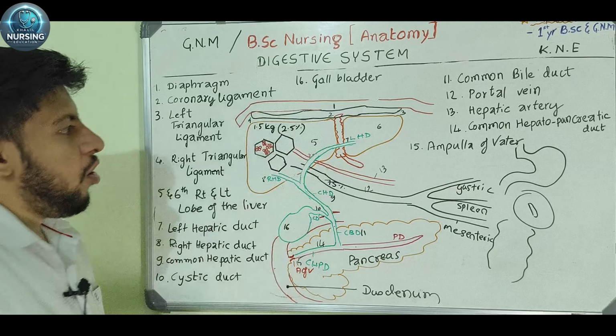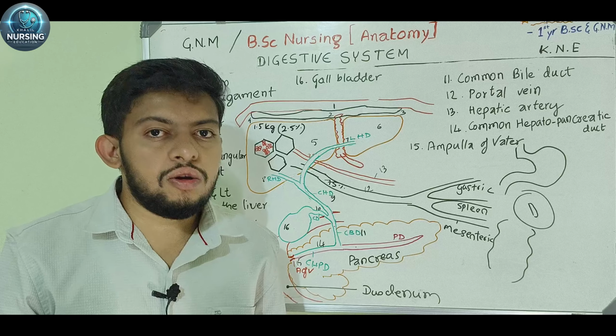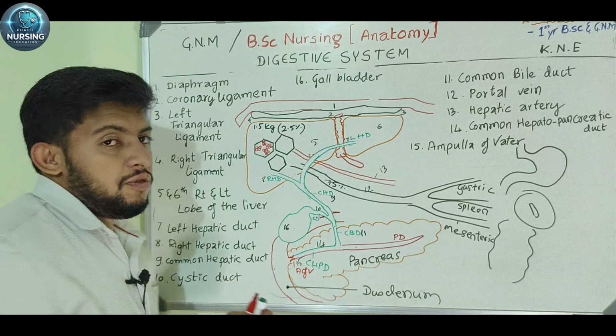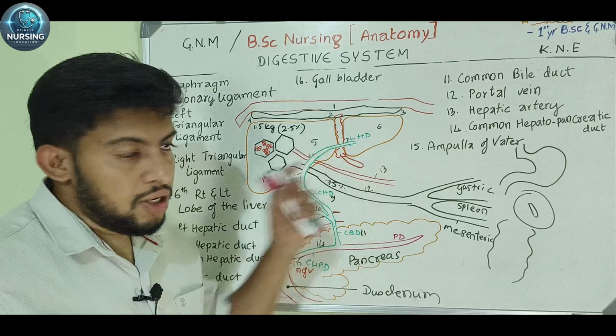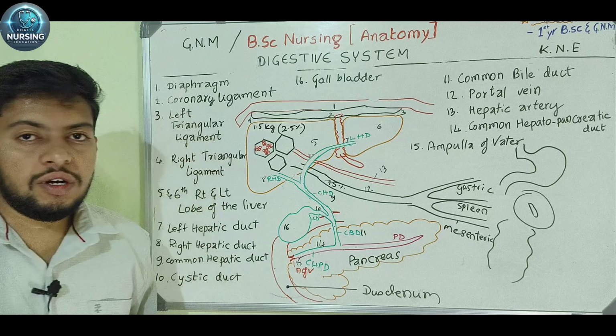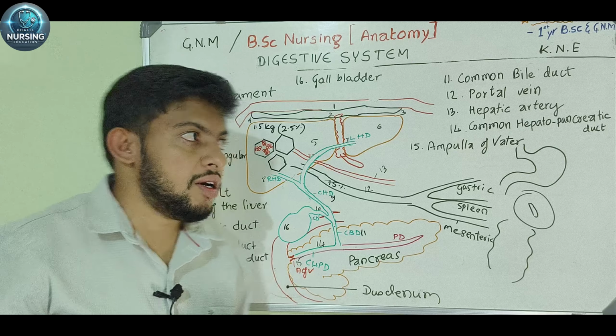On the back side of the liver you have other, smaller lobes. These two are the bigger lobes, left lobe and right lobe. Which is the bigger of these two? That is the right lobe. In the posterior aspect we have two smaller lobes: one is the caudate lobe and the other is the quadrate lobe.